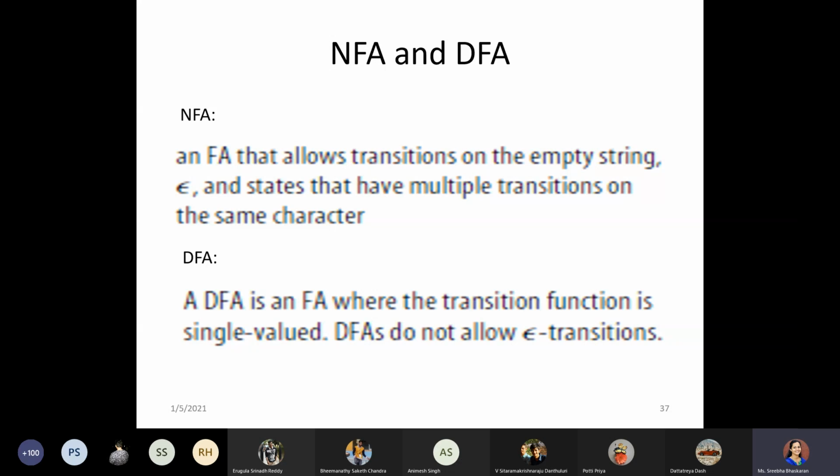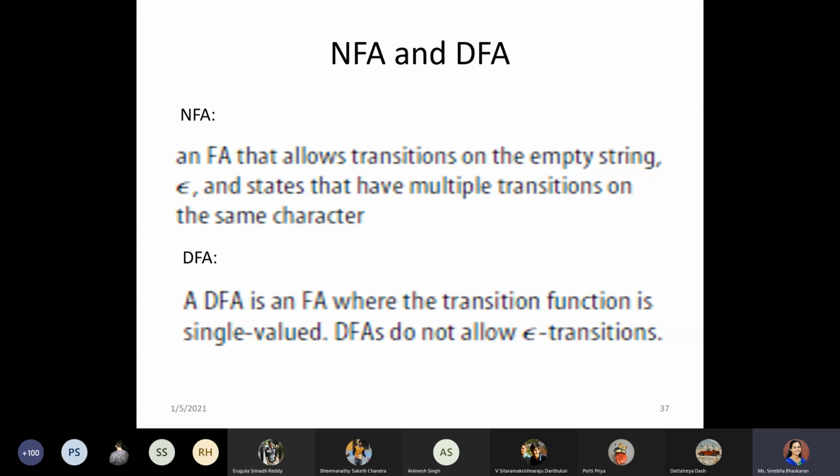Before we see some more structures of Thompson's construction, I just thought of bringing out the difference between NFA and DFA. What do we mean by NFA? The full form is non-deterministic finite automata, which allows empty transitions, that is epsilon transitions.